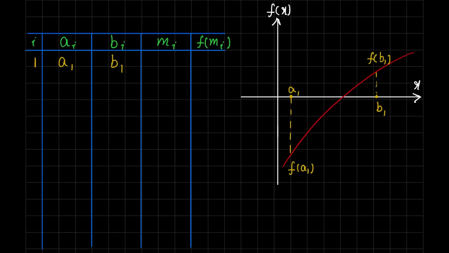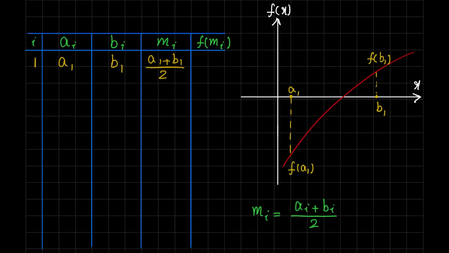Then the next column is the midpoint of the interval, which is defined as m_i equals (a_i plus b_i) over 2. So in the table we have (a1 plus b1) over 2. The last column is for f(m_i).